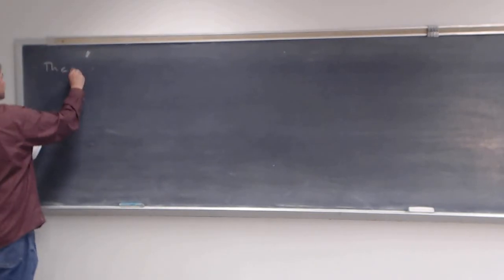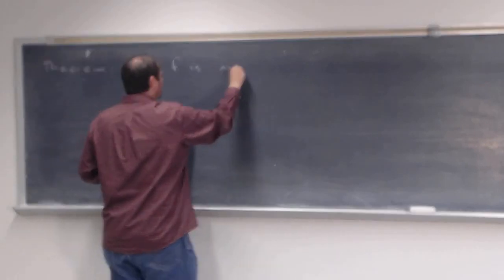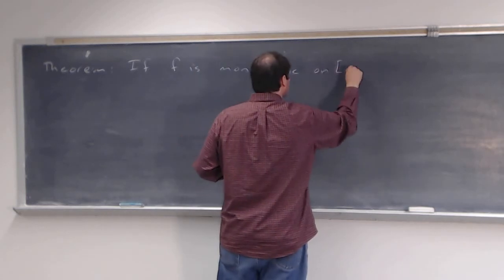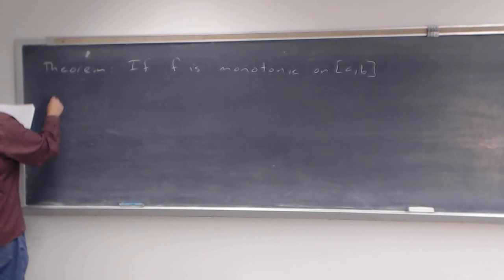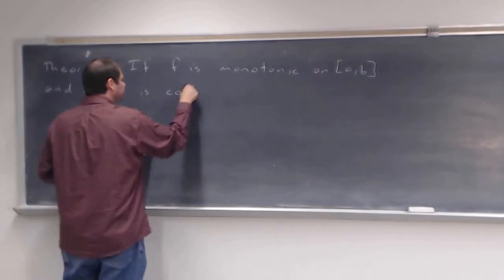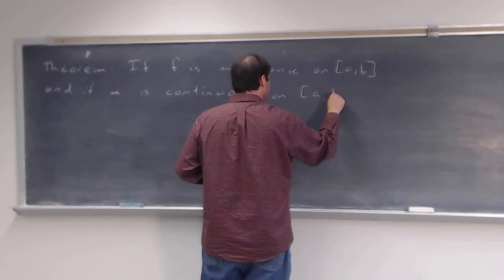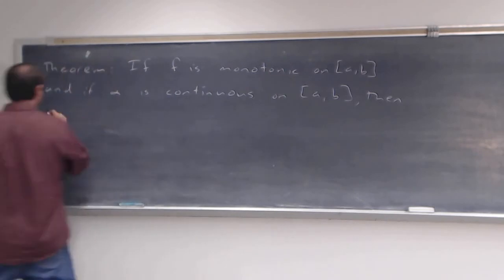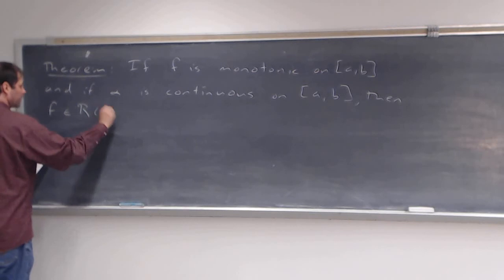So here's the theorem. It says if f is monotonic on [a, b], and if alpha is continuous on [a, b], then f is a Riemann-Stieltjes integrable function with respect to alpha.